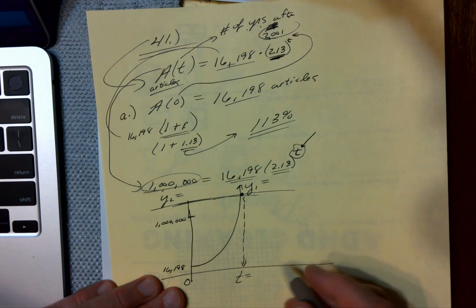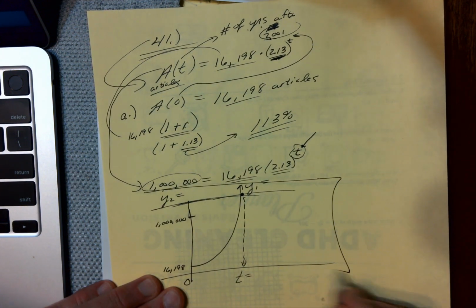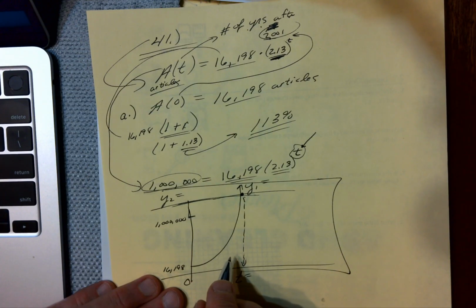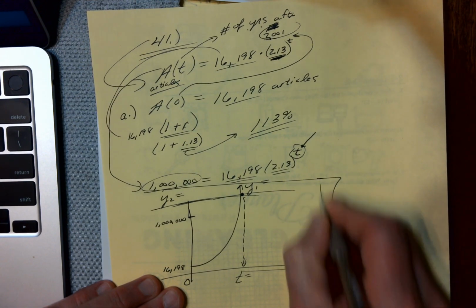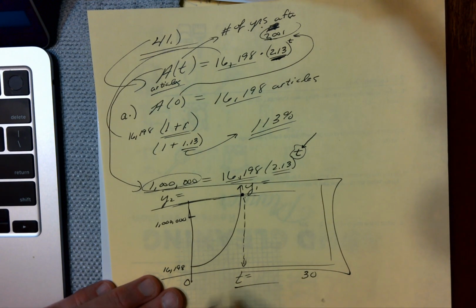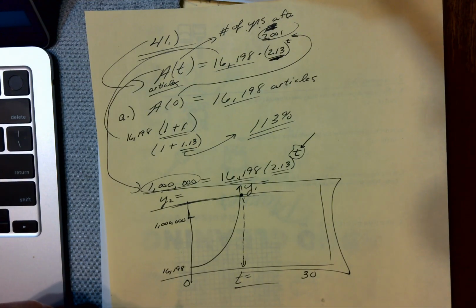Again, I think your window, you're going to have to get out here somewhere around, what is it? T stood for what again? Years after 2001. So I would probably go at least 20 to 30 years out here. Anyways, I'm just going to give you the answer because you'll find it with your calculator.